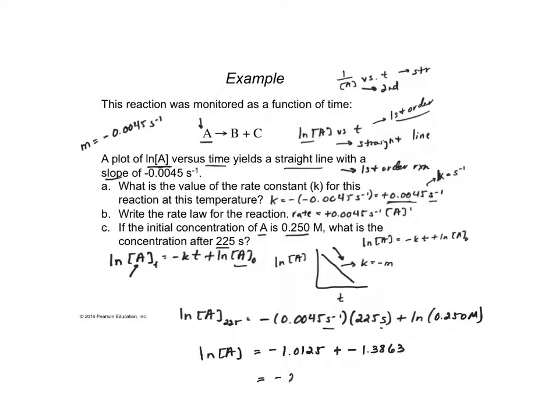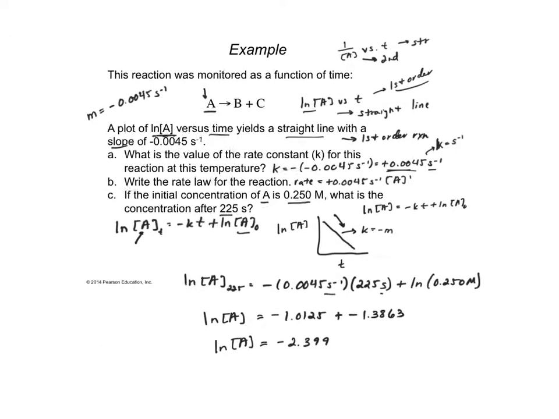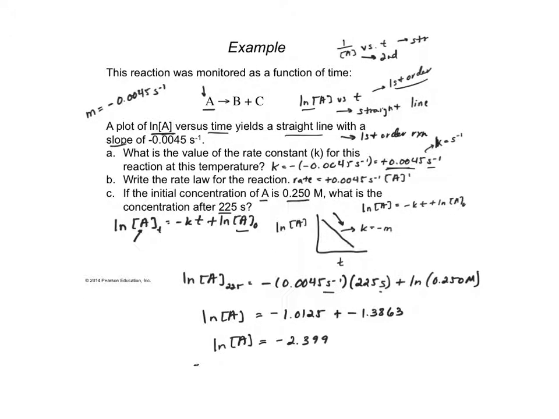I get minus 2.399 is equal to ln of A. And then to isolate A by itself, all I have to do is raise e to both sides. So e raised to this side, e raised to this side gives me A is equal to 0.0908 molar.